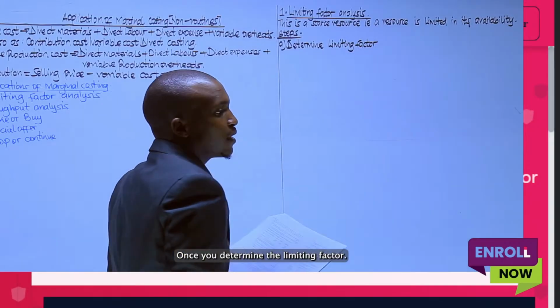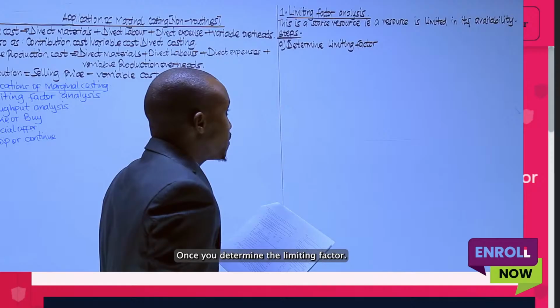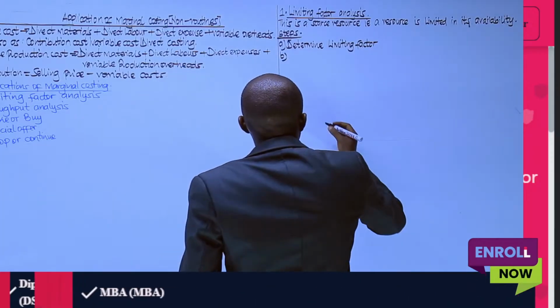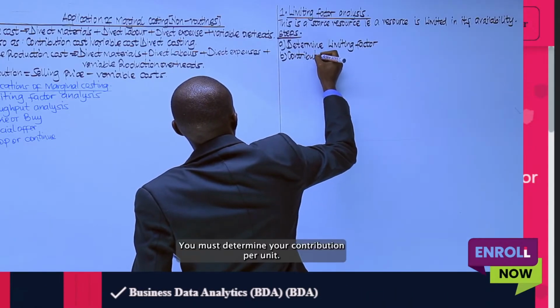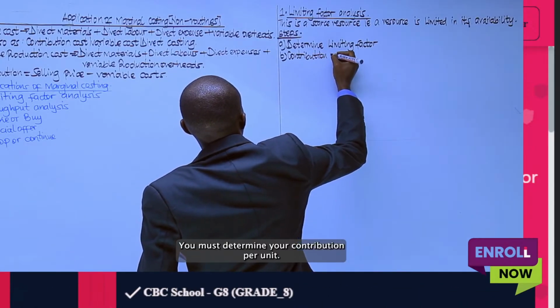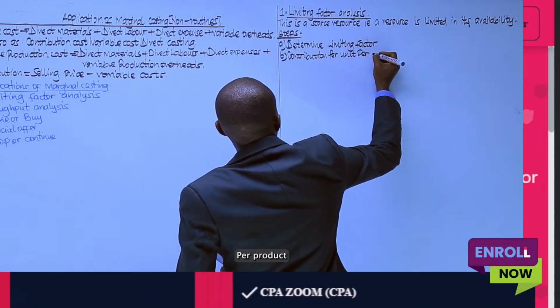Once you've determined the limiting factor, the second step is determine your contribution. You must determine your contribution per unit, per product.